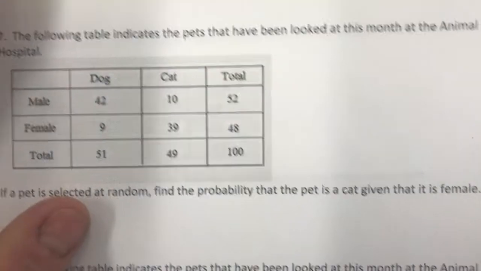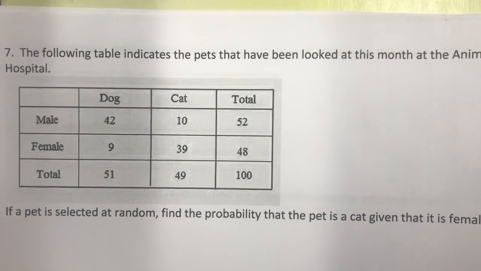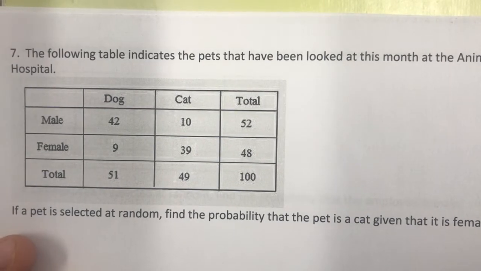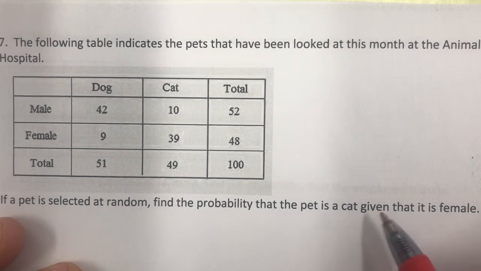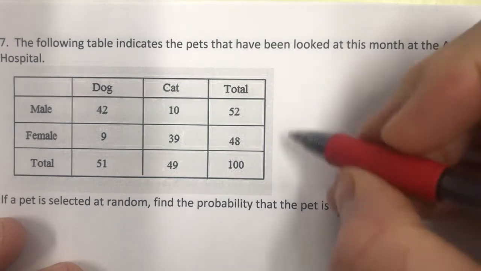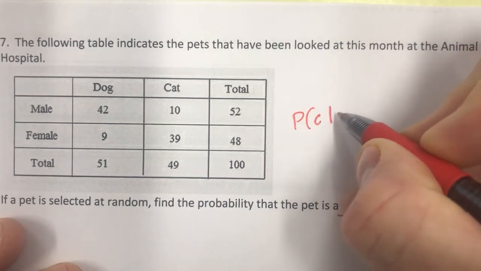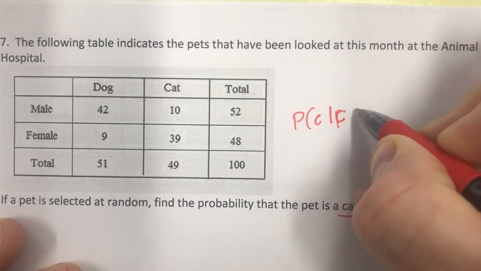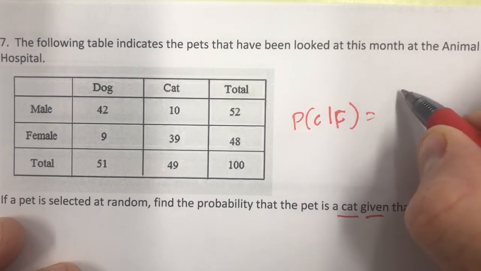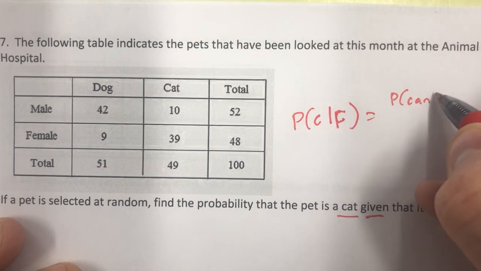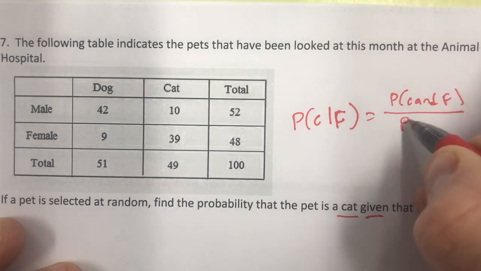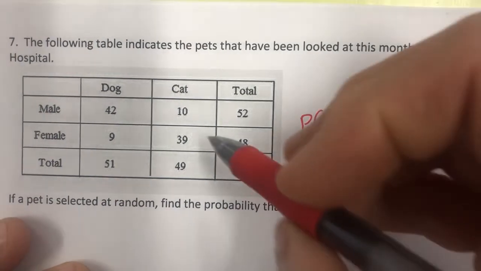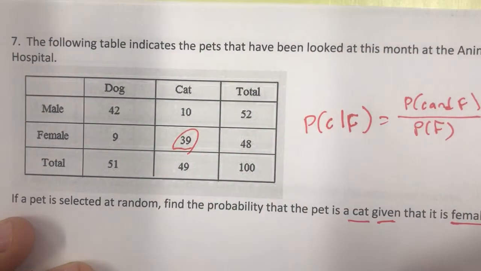Okay, here's another one. And we'll try to speed it up a little bit now. So find the probability that the pet is a cat, given that it's female. Probability that it's cat, given female. So that's going to be the probability that it's cat and female divided by the probability that it's female. So cat and female right there, 39.